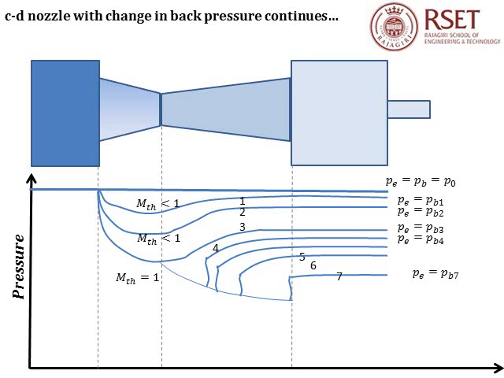When we again reduce this back pressure, we see that the discontinuity will be occurring further downstream. And we go on reducing the back pressure till a particular position is reached when the back pressure becomes PB7. At this particular position, we see that the shock will exist at the exit of the nozzle.